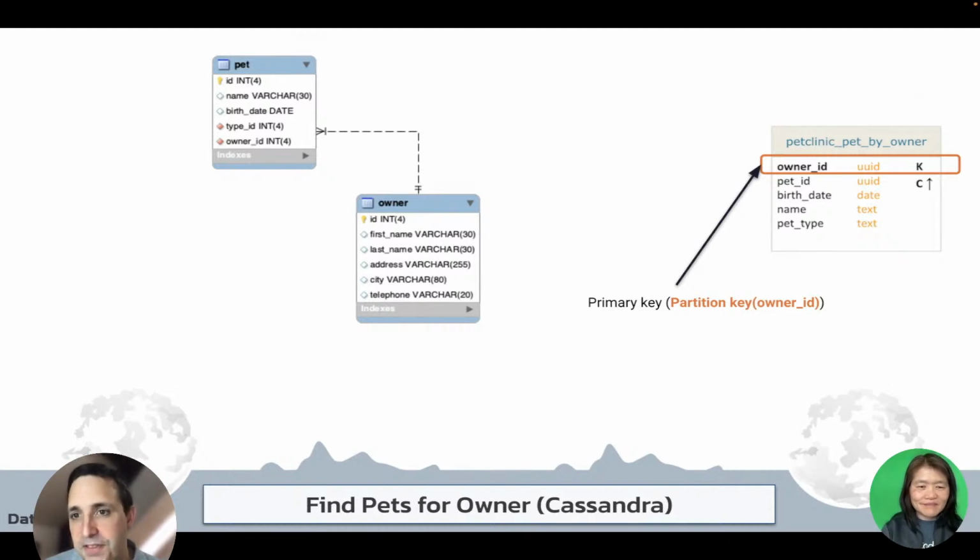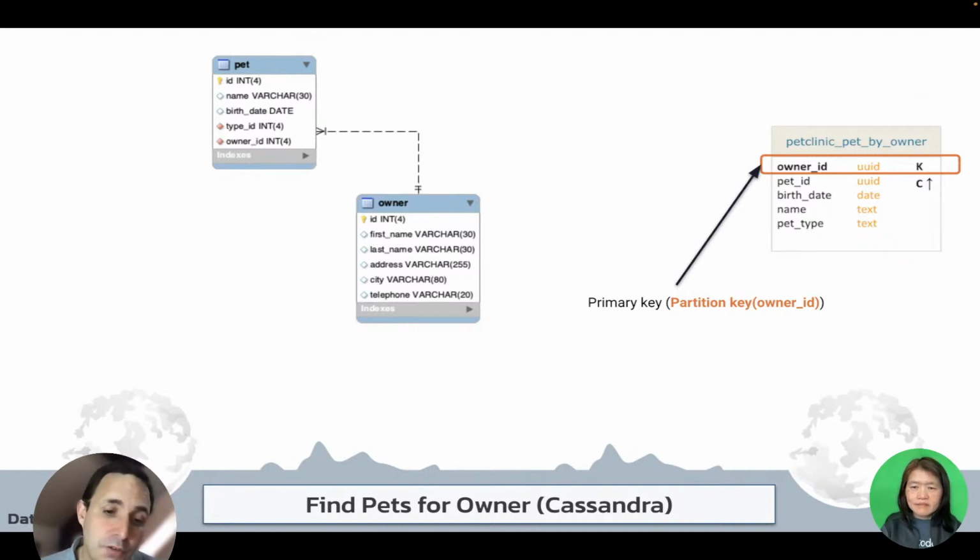And if you look at the name, it's called pet by owner. Give me all the pets for a single owner. So owner ID is the partition key. Why do we do that? We want to have all the pets for a single owner on the same node. Otherwise, it will be slow. So owner ID will be our partition key.